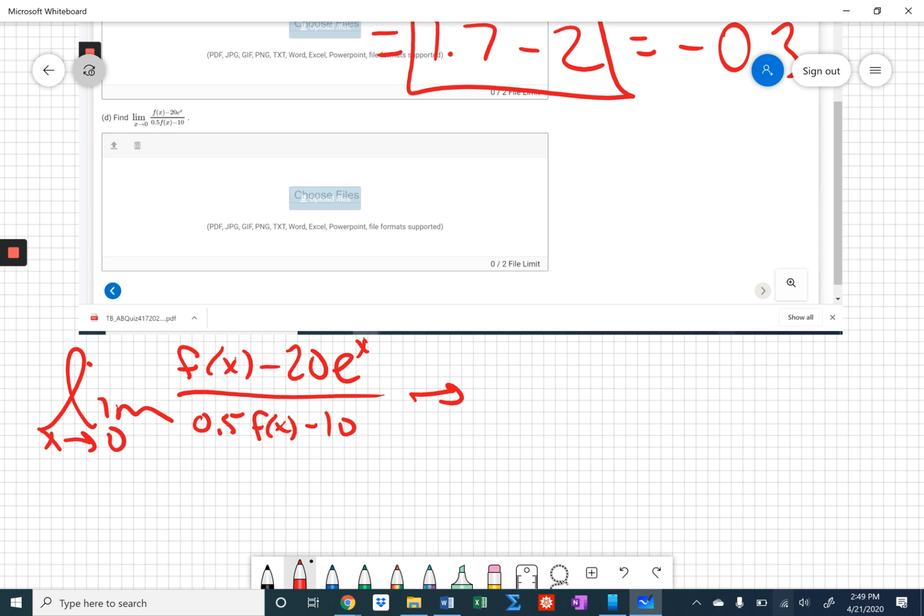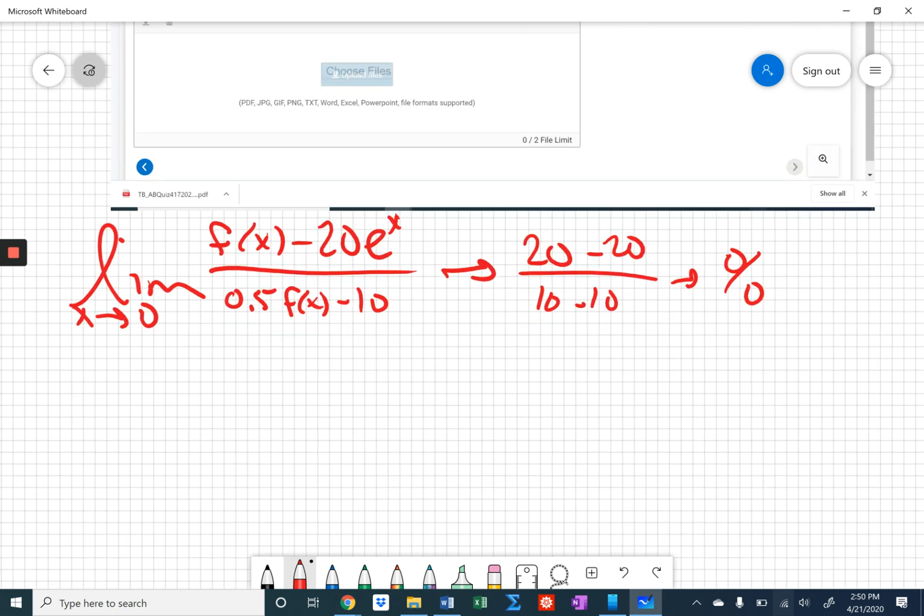E to the 0 is 1, so this becomes 20 minus 20. If I plug 0 into the bottom, f of 0 is 20, half of 20 is 10, so I get 10 minus 10. So this is 0 over 0, which means it's an indeterminate form. Don't call it 0, and don't say it does not exist. We have more work to do, and L'Hopital's rule is going to help you out of this one.